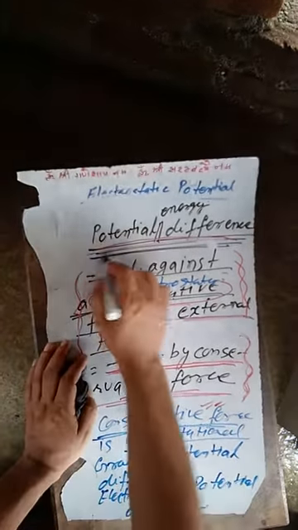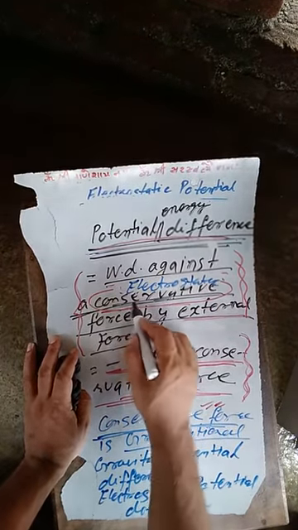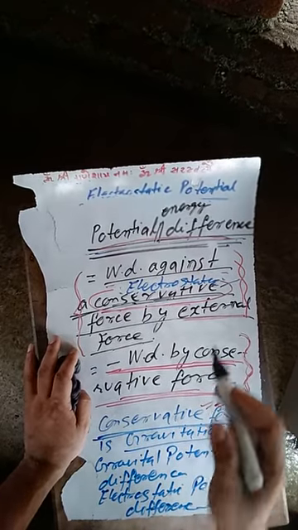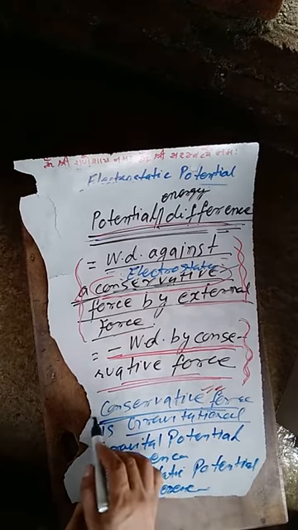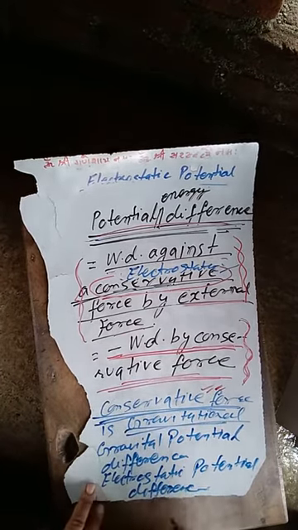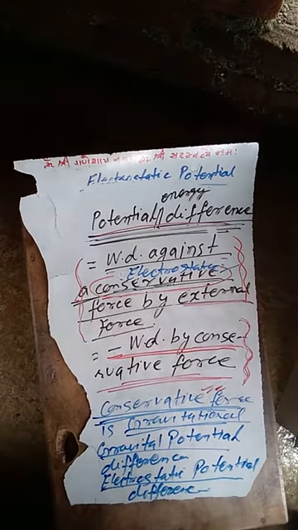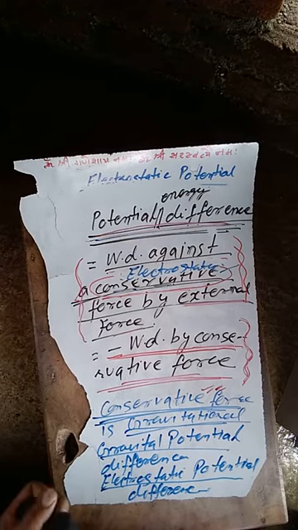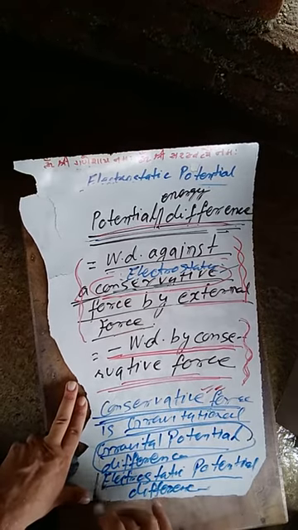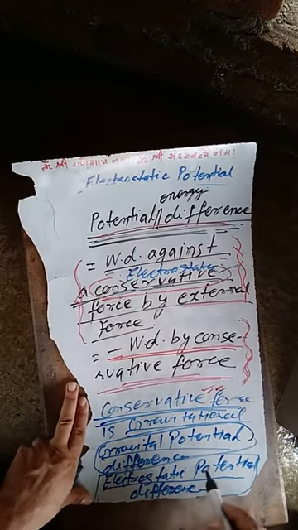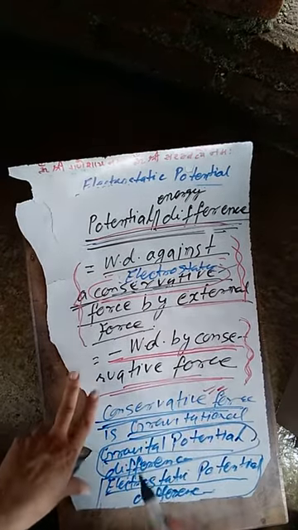Means your potential difference is electrostatic potential difference if the conservative force is your electrostatic force, for example Coulomb's force or electric field, and if the conservative force is your gravitational force, then its name becomes gravitational potential energy difference or gravitational potential difference. So this gravitational potential difference we study in 11th class, and this electrostatic potential difference we study in 12th class. But there is no difference, because just like gravitational force, we have here electrostatic force, that is electric field.